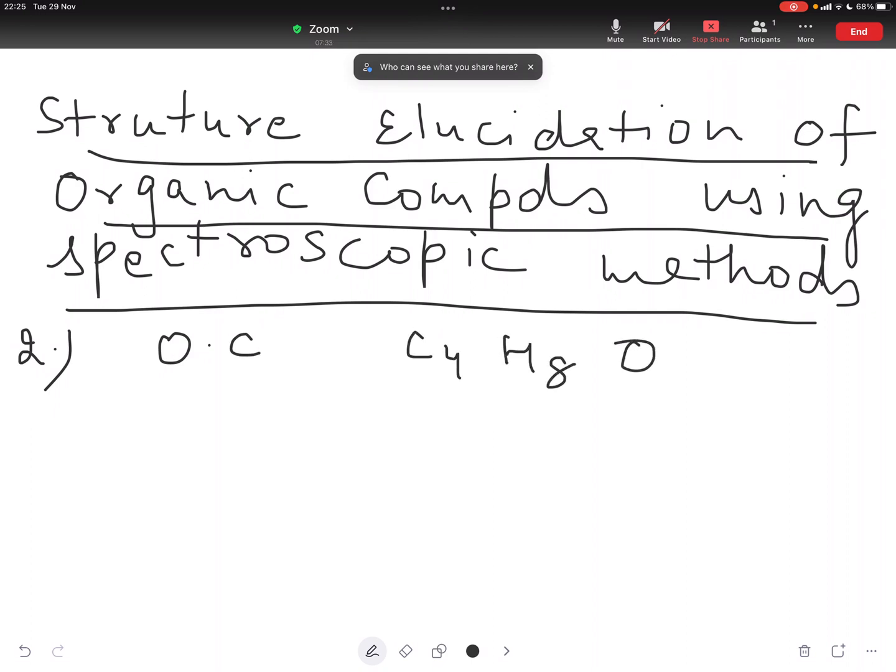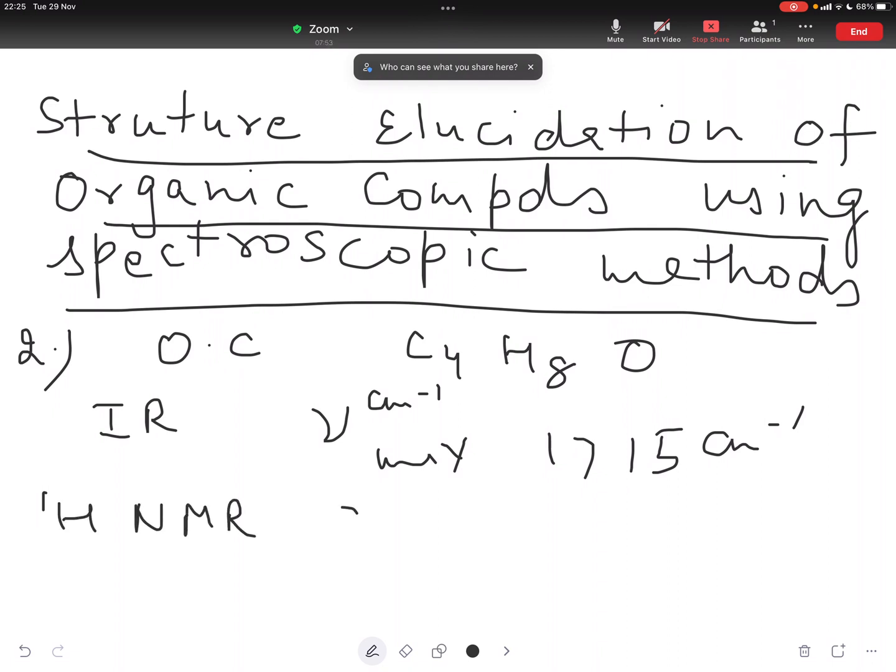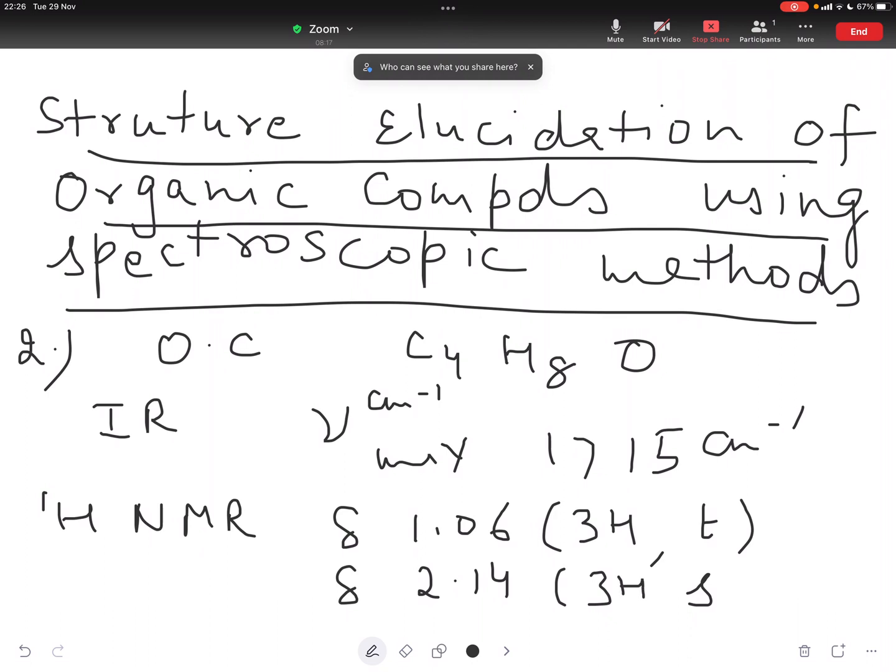In IR, we get a band at 1715 centimeter inverse, and in NMR at delta 1.06 we get a triplet due to 3 protons and a singlet at 2.14 due to 3 protons, and we get a quartet at 2.43 delta.